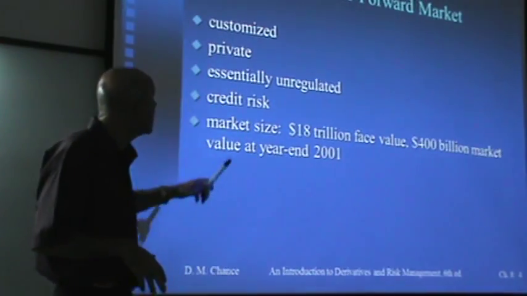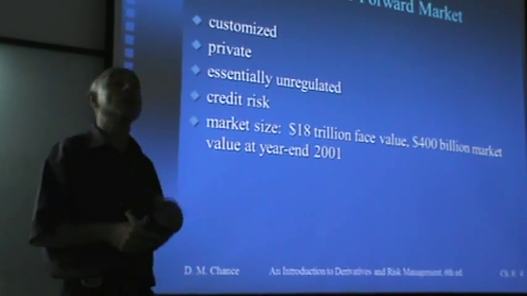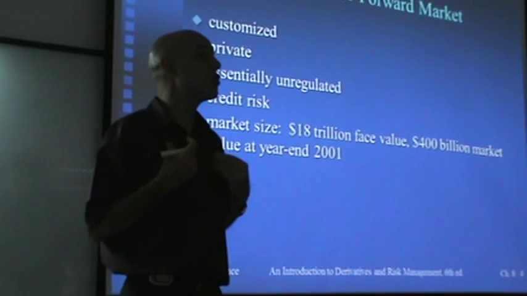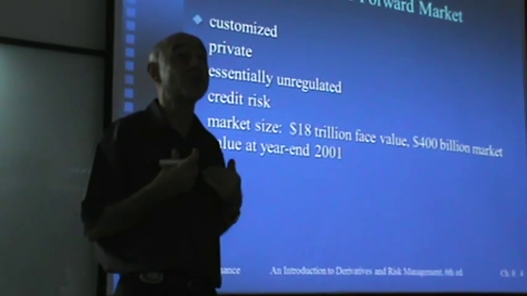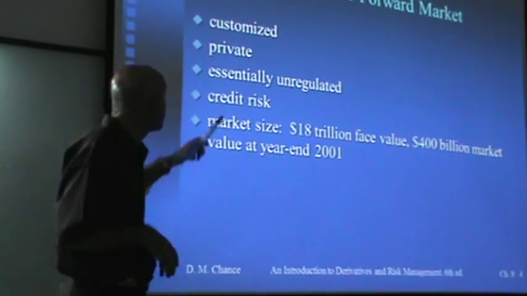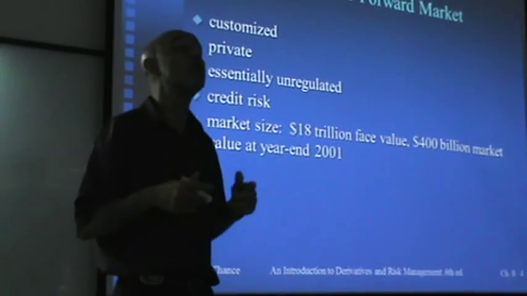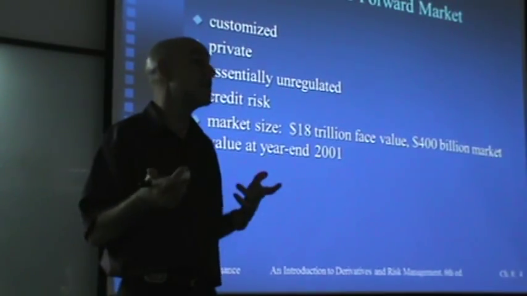So the market is basically unregulated, and a lot of financial institutions love that major feature of the market. For them, that's probably the most important feature, together with the fact that most of the stuff is not really reportable. They don't have to report all the stuff that they're getting themselves into.